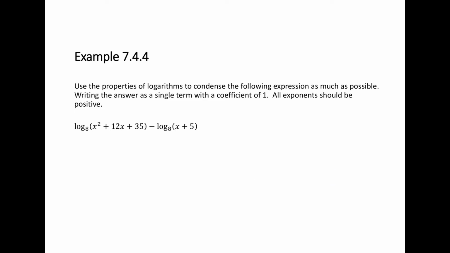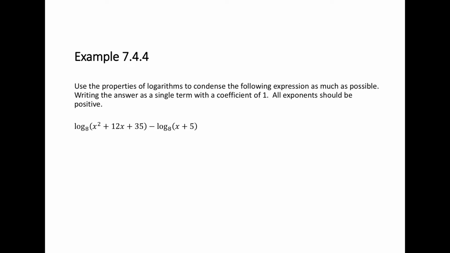Okay. And our last one with these properties, this is similar to what we'll be doing in section 7.5 when we are solving logarithmic equations. We have here log base 8 of x squared plus 12x plus 35 minus log base 8 of x plus 5. We want to make it a single logarithmic expression.